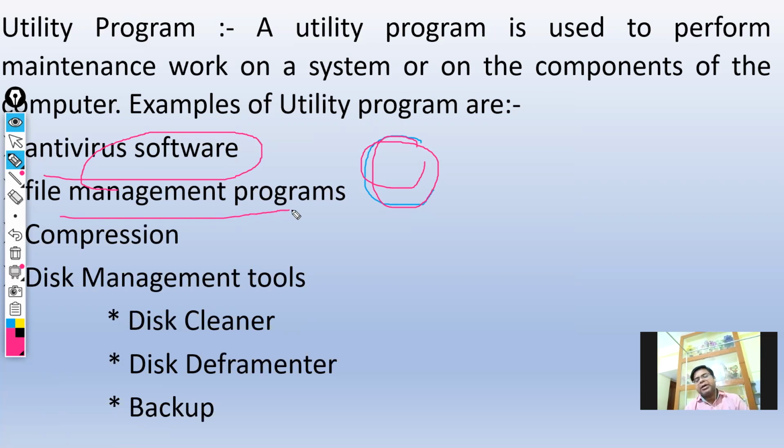The best example is your Windows Explorer available in Windows. Next one is compression. This program helps in compressing large files so that they take less storage space. You might have heard about softwares like WinZip.